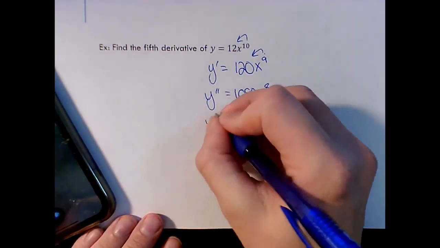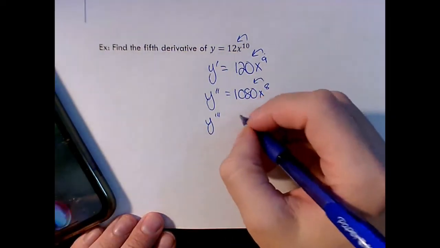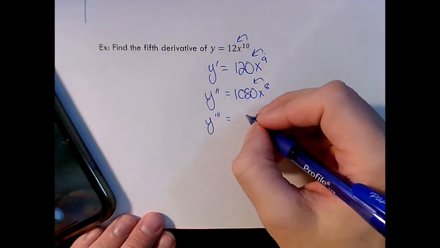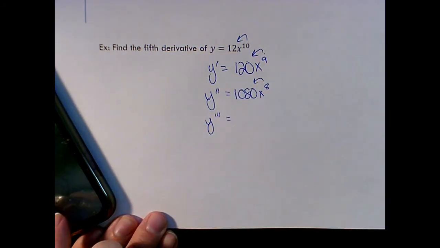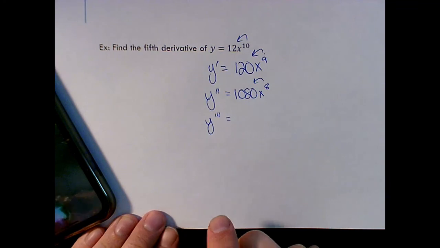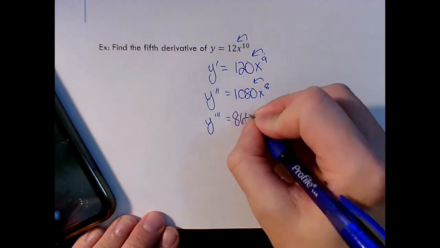Y triple prime is going to be 8 times 1080. It's 8,640.